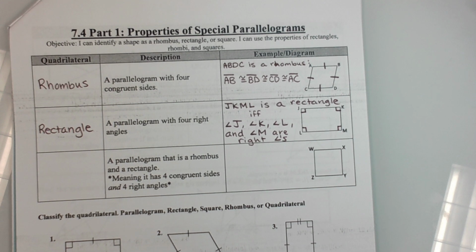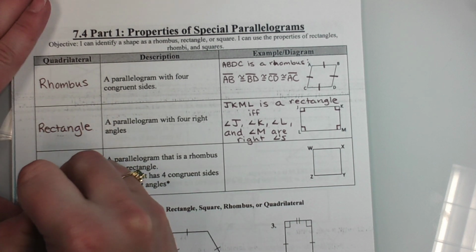Last one we're talking about today is if you have a parallelogram that is both a rhombus and a rectangle. In other words, it has 4 congruent sides and 4 right angles. Y'all know this one. All the sides are the same and all the angles are right angles. That one's the square.